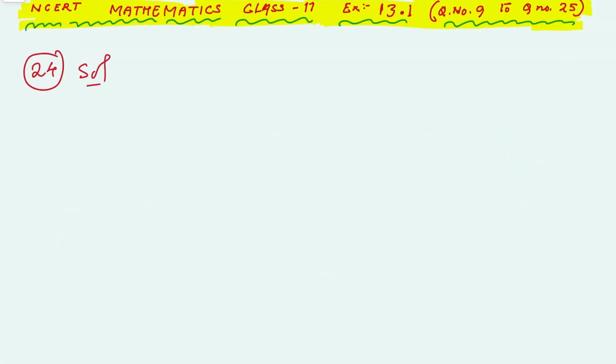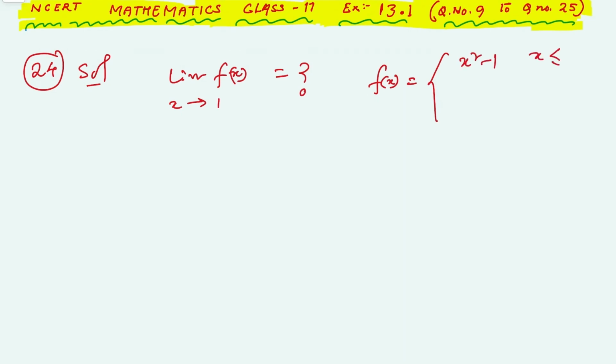Now let us solve 24. Here we need to find the limit of f of x as x tends to 1, where f of x is equal to x square minus 1 when x is less than or equal to 1, and it is minus x square minus 1 when x is greater than 1.